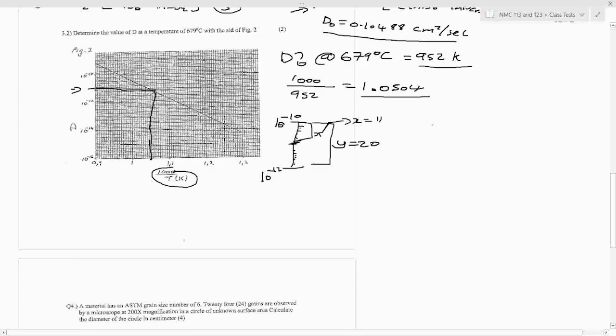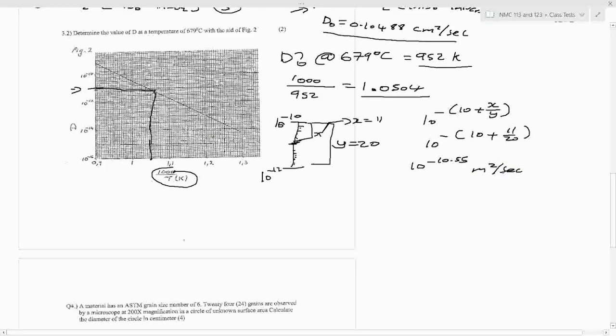So to know what the value is, you'd say 10 to the minus 10 plus X over Y. This would be 10 to the minus 10 plus 11 over 20, which is subsequently 10 to the minus 10.55 meters squared per second.